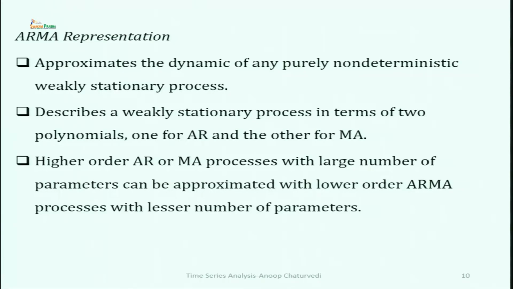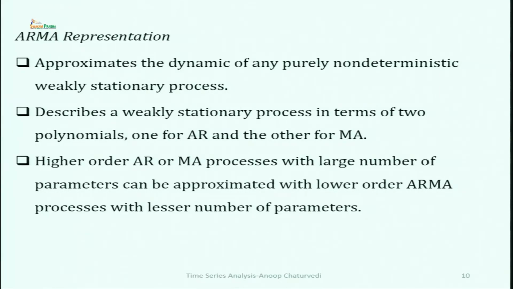and then you can further approximate the polynomial involved in this moving average process of infinite order by the ratio of two polynomials, and both of those polynomials are of finite order.